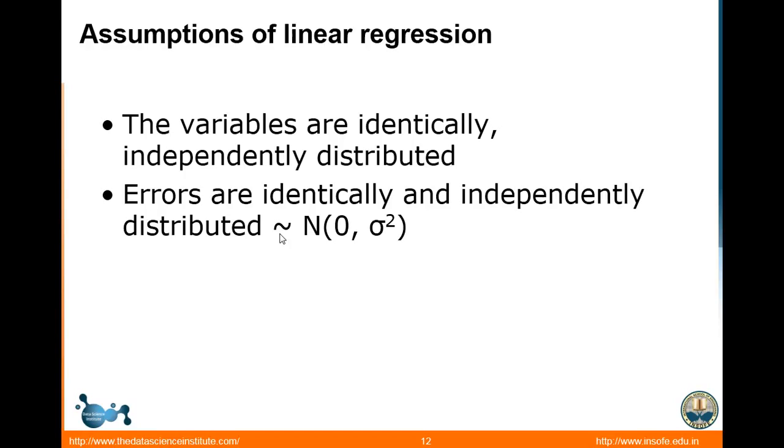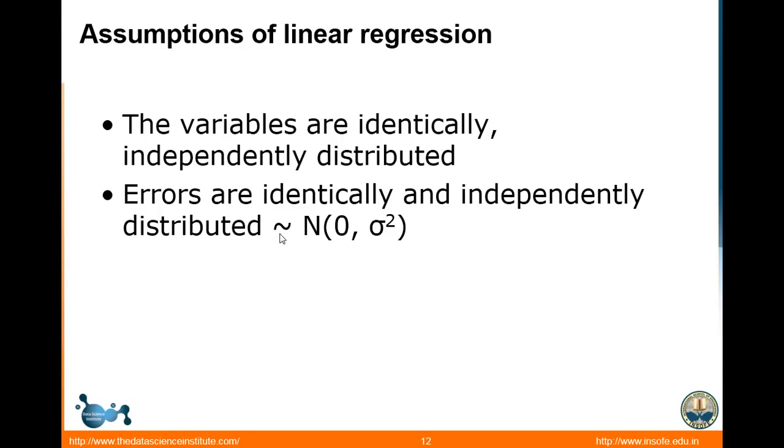The assumptions, the basis on which the linear model tries to find the best fit, are that the independent variables are identically distributed, and the error that we have found is also identically distributed, following a normal distribution with mean equal to 0 and variance sigma squared. So first, the variables have to be independently normally distributed, and the errors will have to follow a normal distribution with 0 mean.